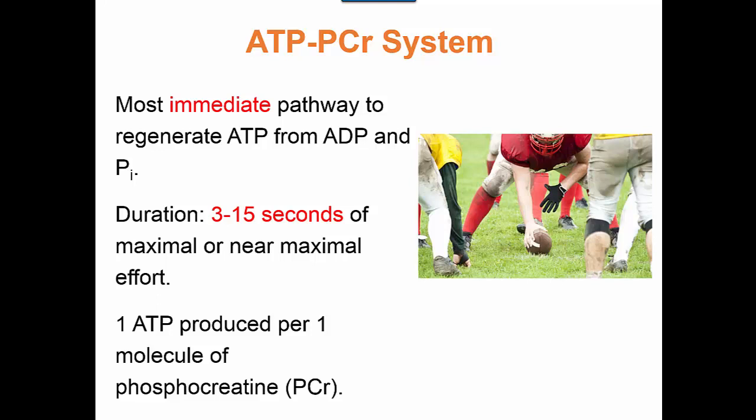So if you're looking at the process, it's for all-out activity of really 10, 15, maybe even up to 30 seconds, but not really. At that point, you're really starting to overlap with the glycolytic energy system, but this is very high intensity, very short duration.